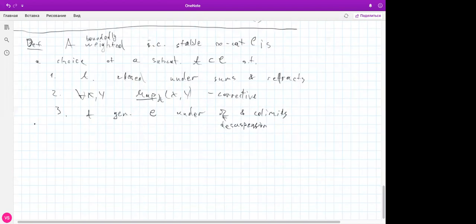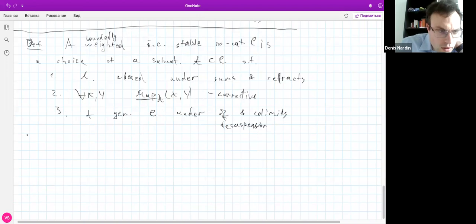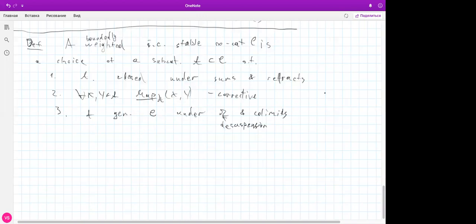Yeah. When you write in condition 2 for every x and y, do you mean for every x and y in A? Yeah, sure.